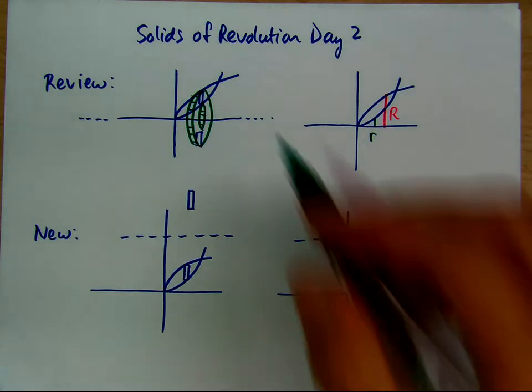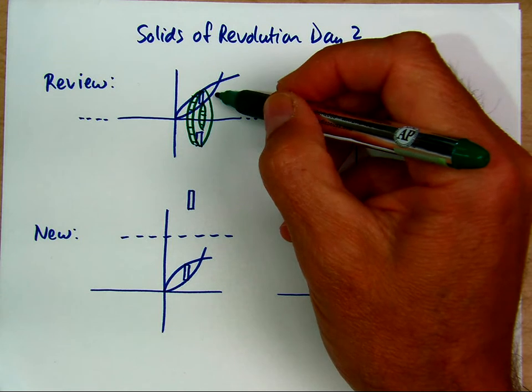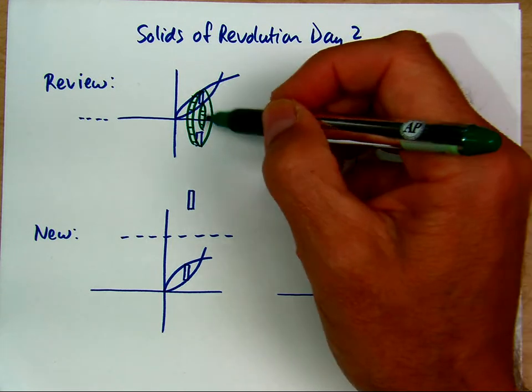And if we rotate an infinite number of rectangles around, then we'll get the solid, and here it'll be kind of like some type of cone.